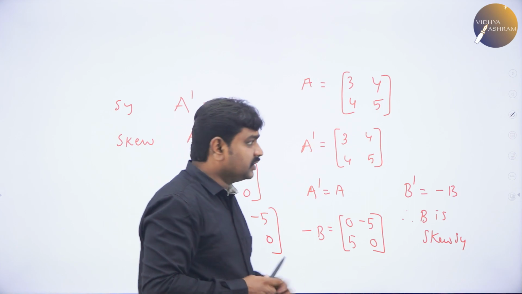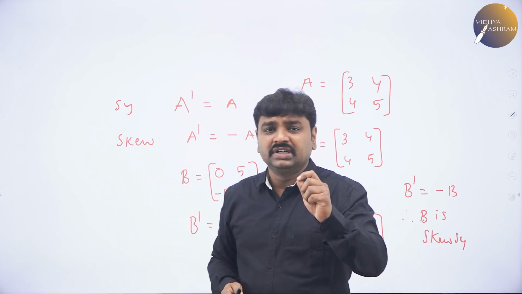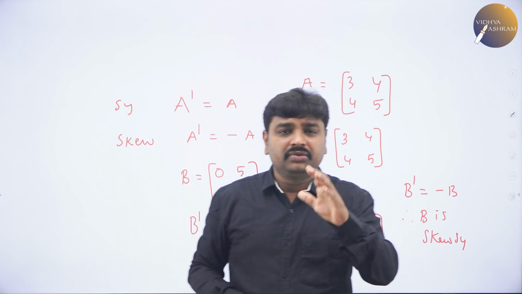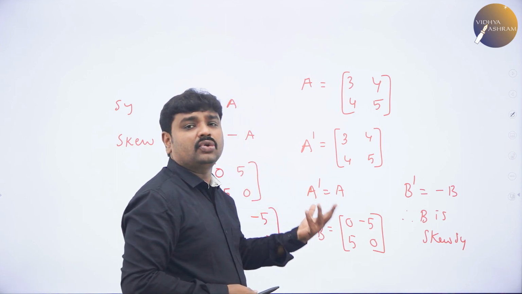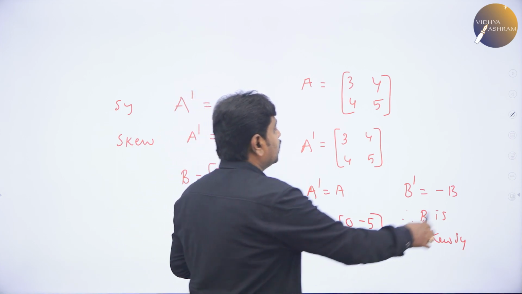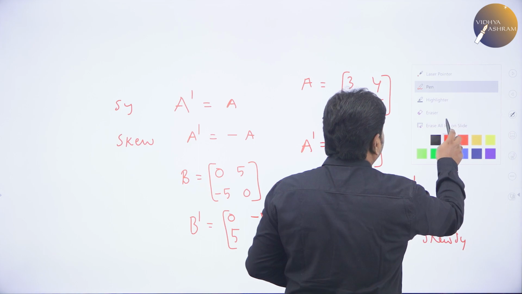Now coming to this, all these things you know, but just let me brush up the basics. Once you are thorough with this basics, then we can go ahead with expressing the matrix. Now again, one more simple format I'll give. For any matrix A plus A dash, for a given matrix A plus A dash is always symmetric. Constant into symmetric is also symmetric.